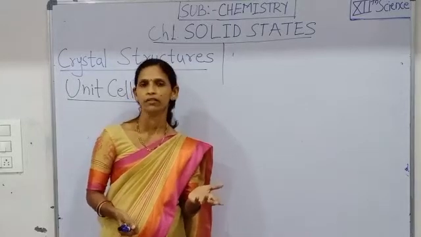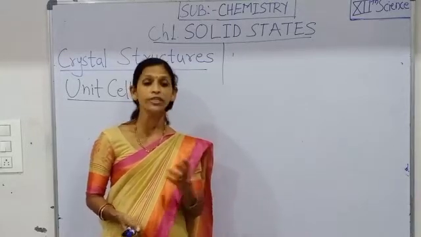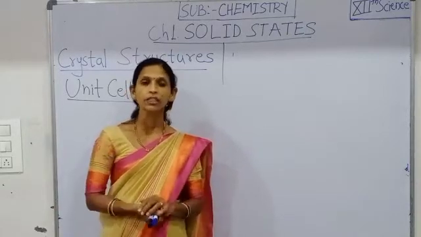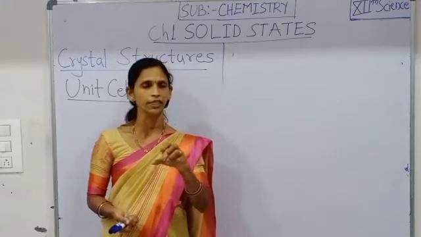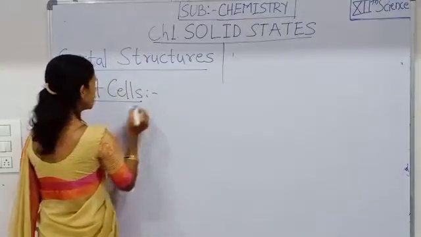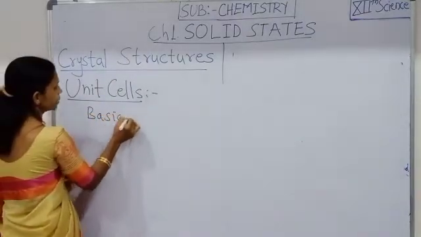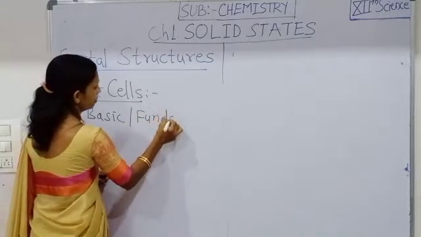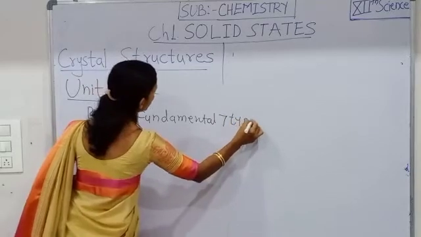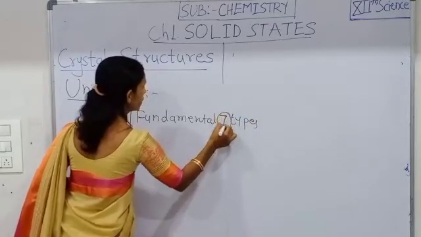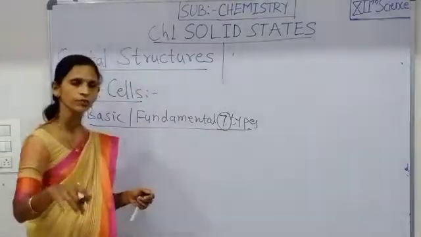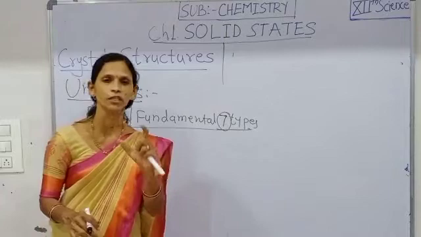All of you have studied the four types of unit cells, which depend upon the position of the particles present in the unit cell. As for the basic, that is fundamental, types, a total of 7 types of unit cells are there, which depend upon the shape of the unit cell.